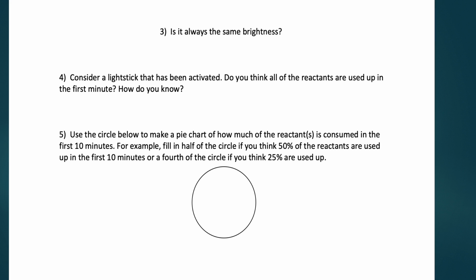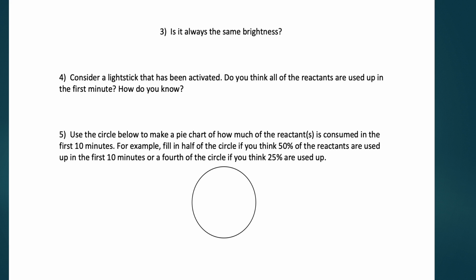Consider a light stick that has been activated. Are all of the reactants used up in the first minute? Well, I've already done one of these in front of them at this point, and they can see that the light stick is still glowing.